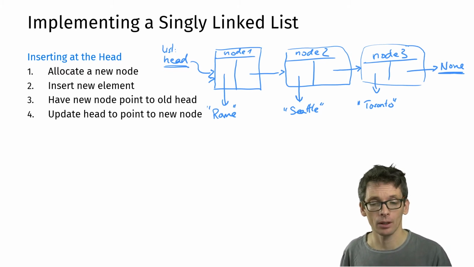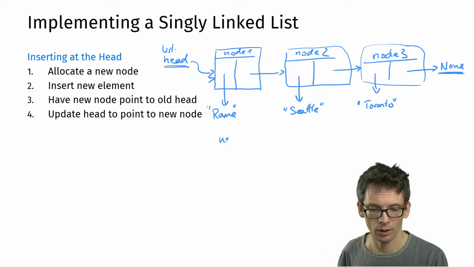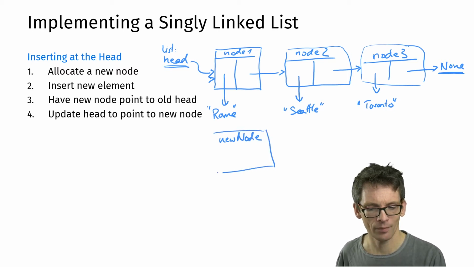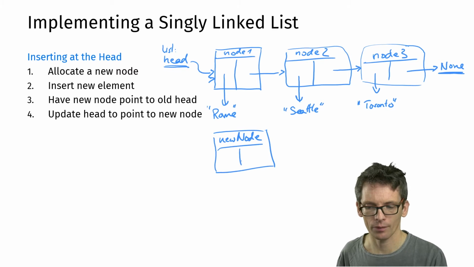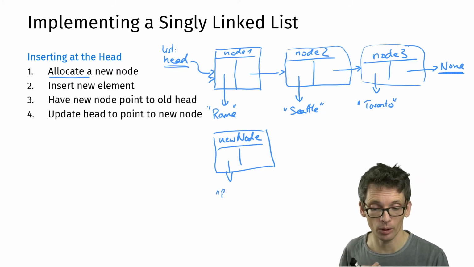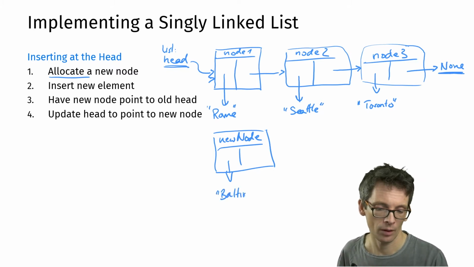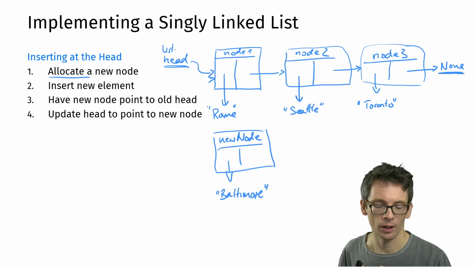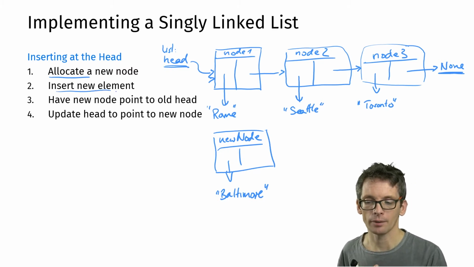It's very simple. First of all, we need a new node. Let's call that one, to keep things simple, new node. Any other name would do. And of course, that's what we do here: allocate a new node, insert the new element. Let's say that's whatever it is, Baltimore. Done.